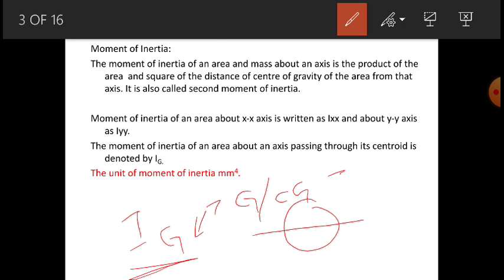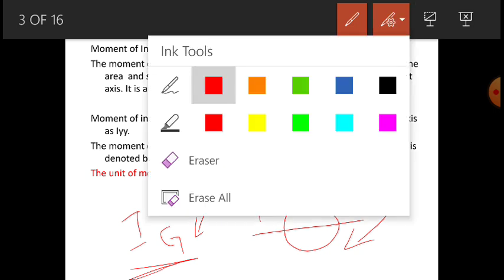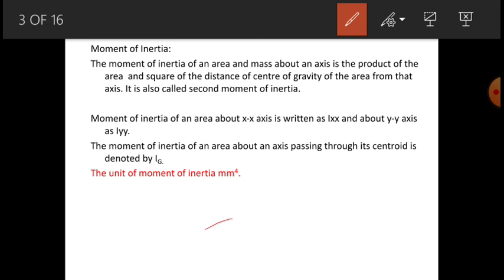We can write Ig when your object is of regular shape, because we can find the moment of inertia of such bodies about its centroid.